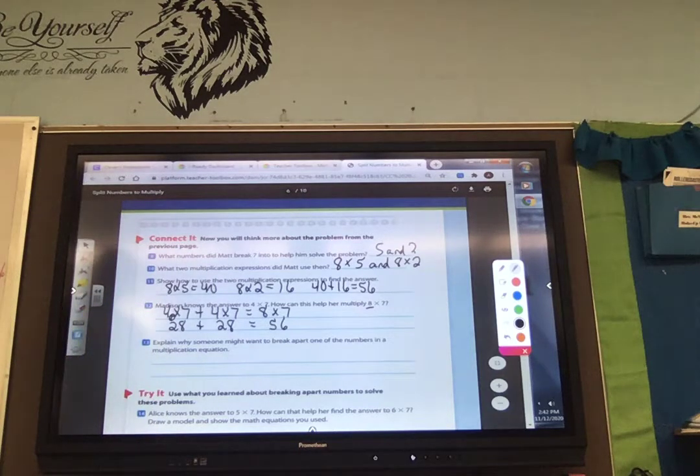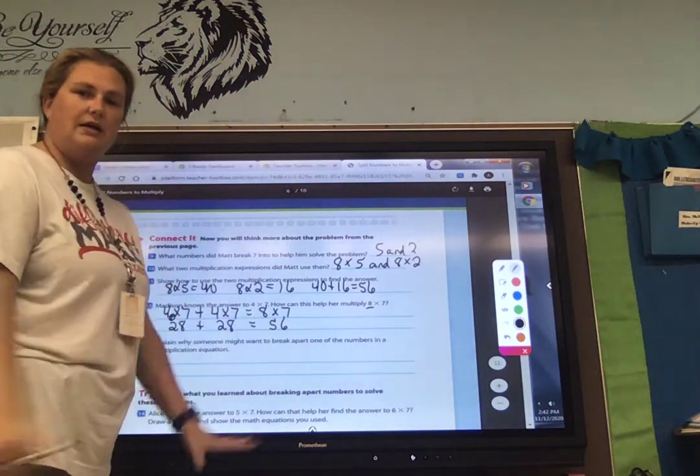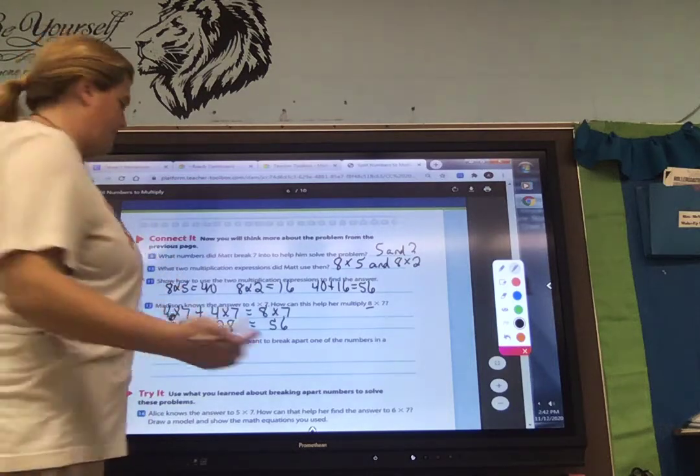Explain why someone might want to break apart one of the numbers in a multiplication equation. Well, I know why I would. Why would you want to break a number apart into smaller numbers? Maybe you don't know the bigger number.